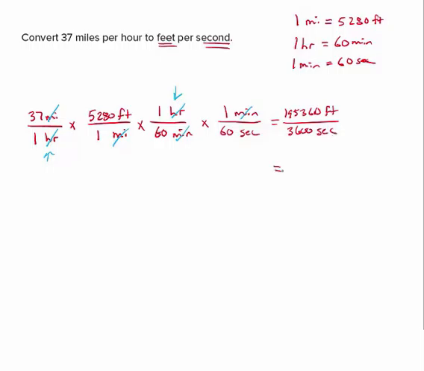And if we go ahead and divide that out, and I mean divide 195,360 by 3,600, we get 54.27, and the units there are feet per second. And so what we've figured out is that 37 miles per hour is equal to 54.27 feet per second.